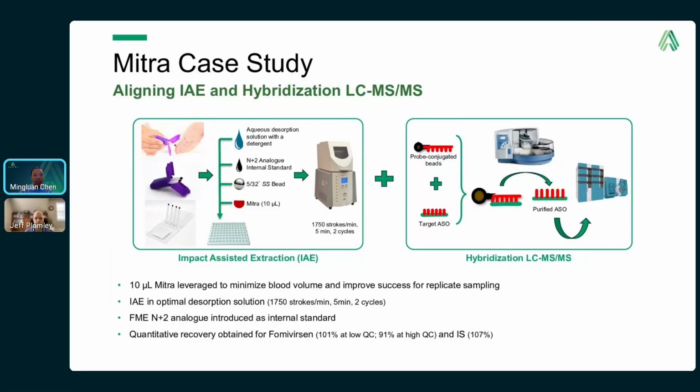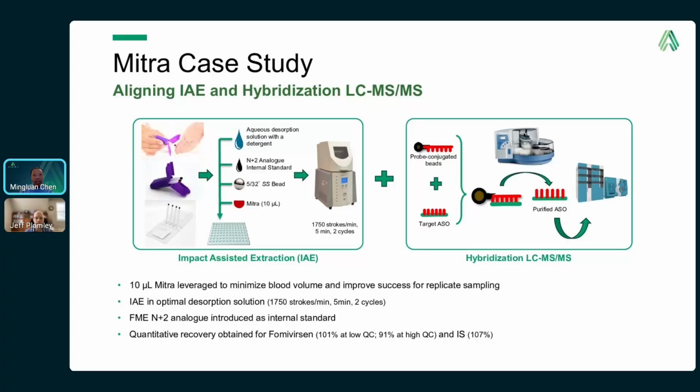The optimized aqueous desorption solution containing NP40 is added along with the stainless steel beads. The impact-assisted extraction is then performed at 1750 strokes per minute for 5 minutes, repeated for 2 cycles. This ensures that the Formiversen is fully dissolved from the Mitchell substrate.